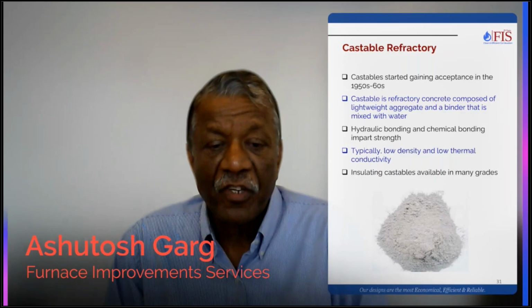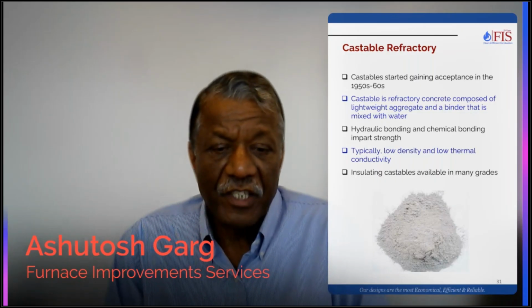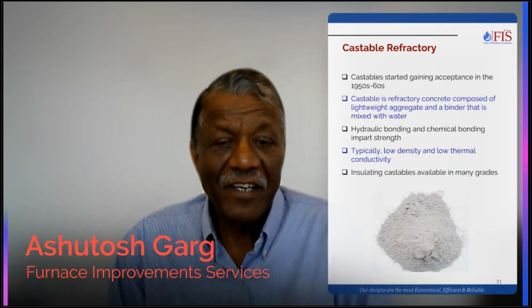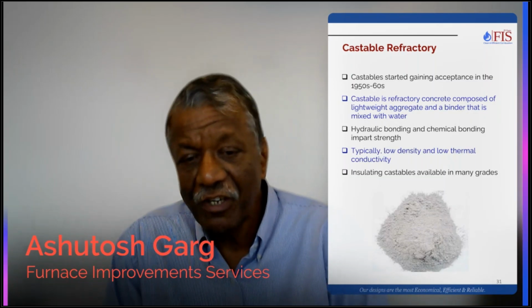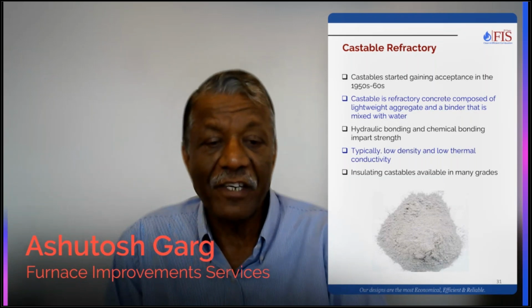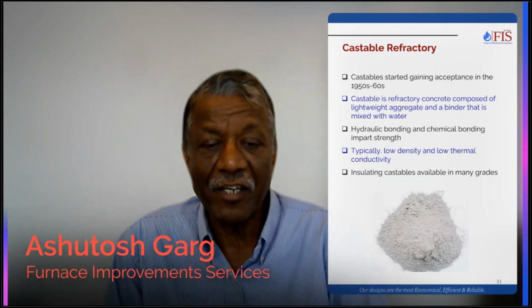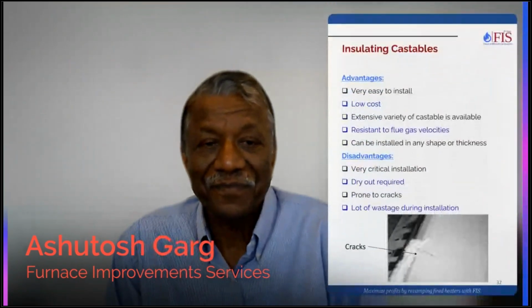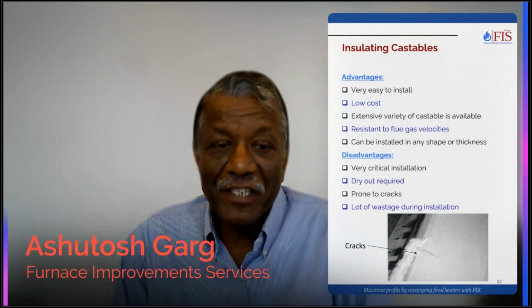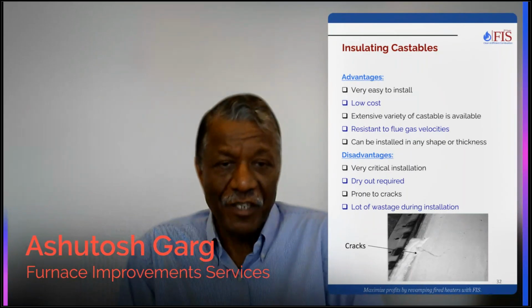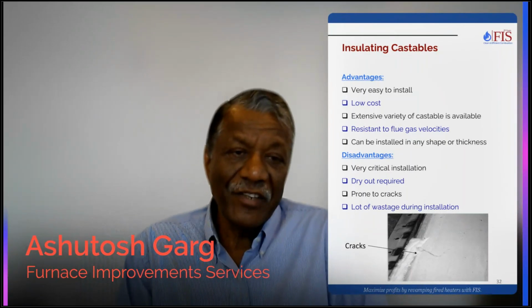We have castables ranging, lowest is 1600, then 1800, then 1900, then 2300, 2500, 2700. So every 200 degrees, all the way up to 3000 degrees, you can get insulating castables. The advantage is they are very easy to install, low cost, extensive variety, resistance to flue gas velocity, and you can install it in any thickness or any shape.